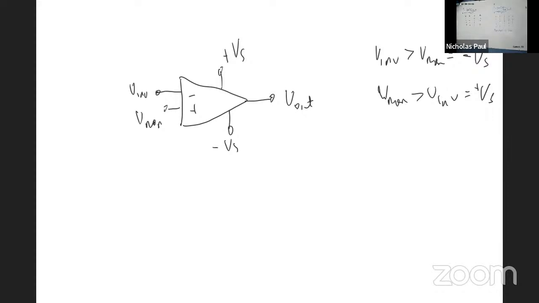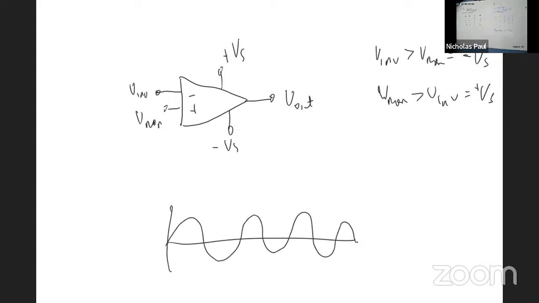All right, so let's take a look at the comparator using graphs now. Watch this. I'm going to give you a signal looking like that, which will be a non-inverting, and an inverting voltage like that. You have to compare both of them and figure out what the output is graphically.